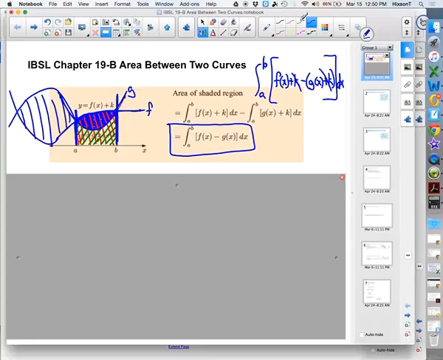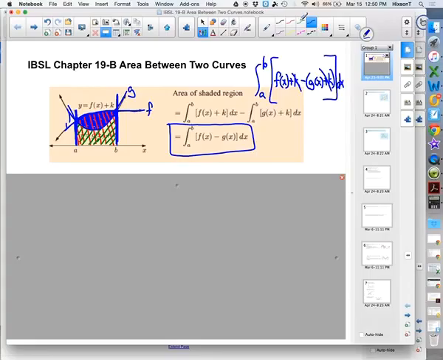However, if that were the case, and we'll look at an example like this, we would need to be careful, because here's my follow-up question. How do I know it's f of x minus g of x, and not g of x minus f of x? That's why I asked you which one is F. The one that's above is the one you're going to subtract from.